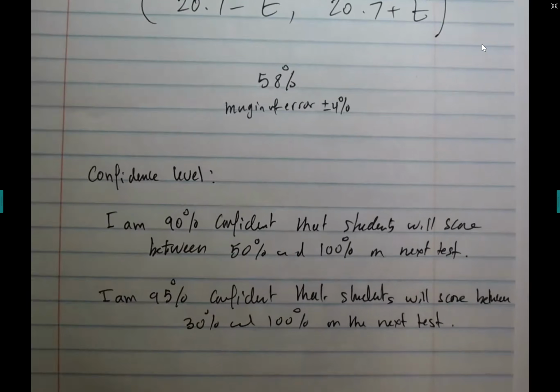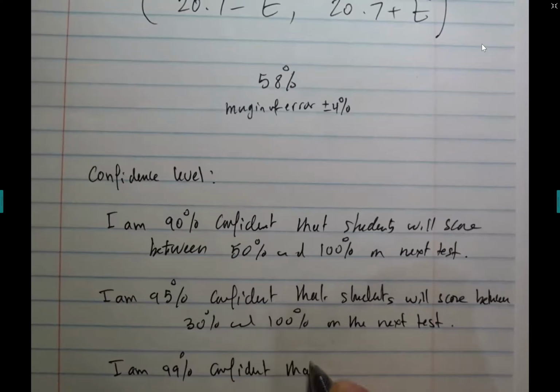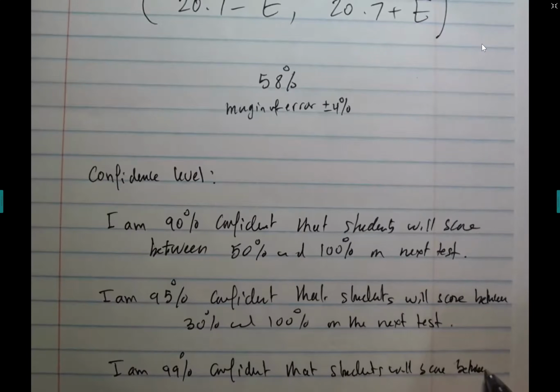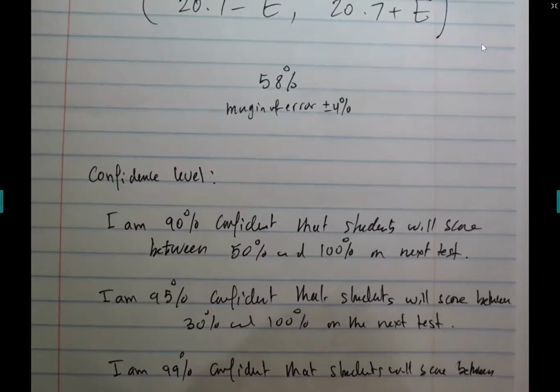Now there is a 99% confidence level, but not 100%, guys. I'm 99% confident that students will score between 20% and 100% on the next test.